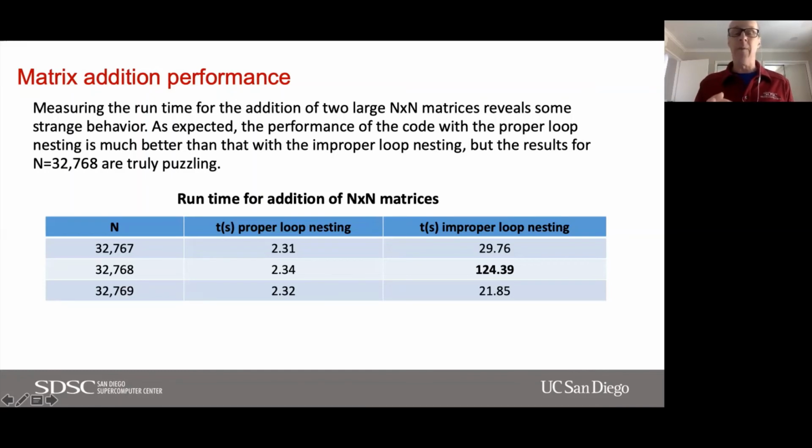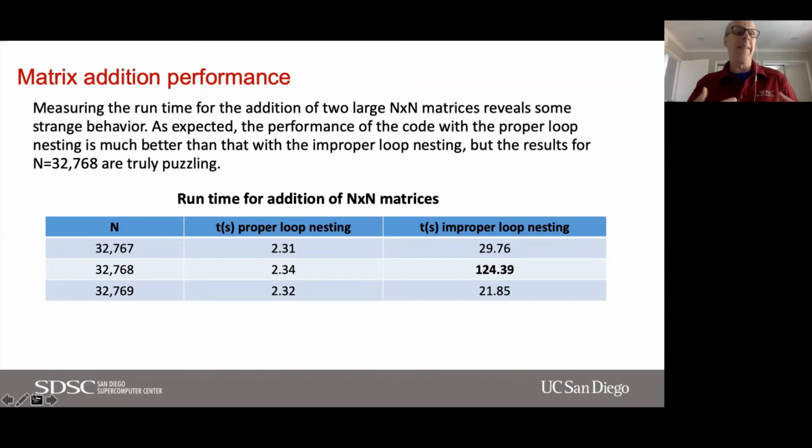So let's start with the first row, n equal to 32,767. We see that when I use the correct loop nesting, so that we're accessing all of the elements of that multi-dimensional array in the proper order, it takes a little over 2 seconds. When I have the improper loop nesting, it takes almost 30 seconds. So that's close to 15 times slower.